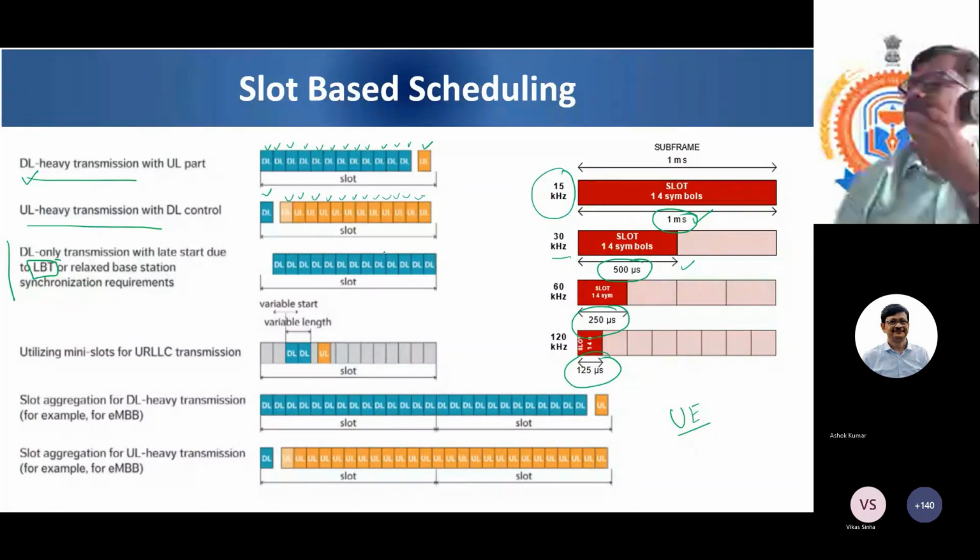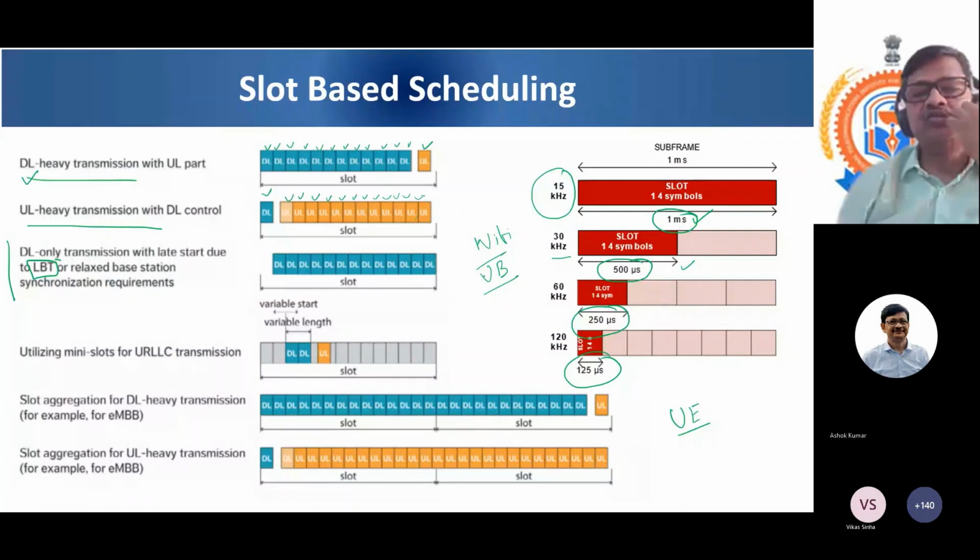The LBT is nothing but listen before transmit. Basically, your Wi-Fi works on that concept. Since Wi-Fi is an unlicensed band, multiple users are connected, so the system they have developed to avoid collision is to listen before you transmit.